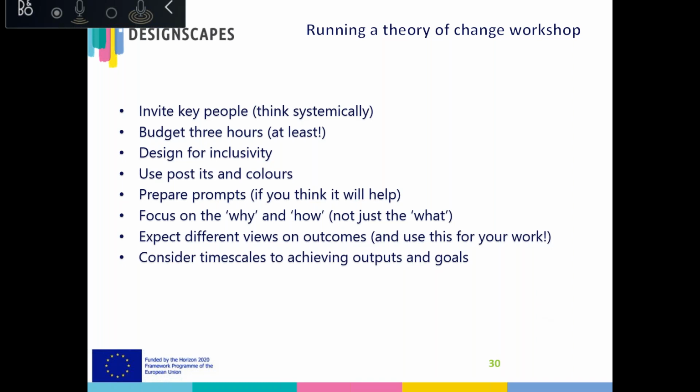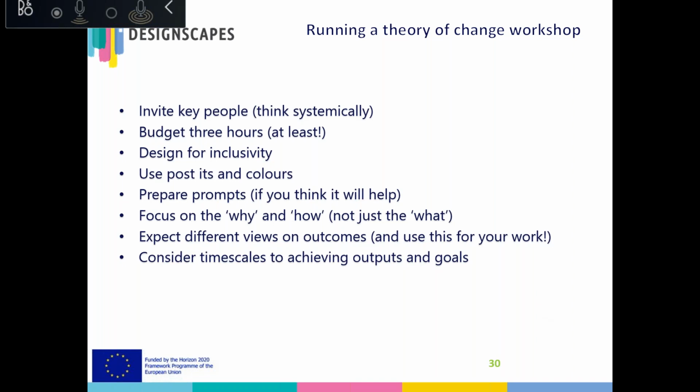Remember to focus on the why and the how, so start with where you want to get to. So not just focusing on activities, but actually thinking, where do we need to go? Do expect different views on outcomes. This can happen inevitably, with different stakeholders having different views on what a project aims to achieve, but it's important to include that in a theory of change.